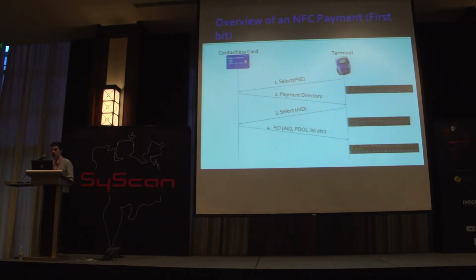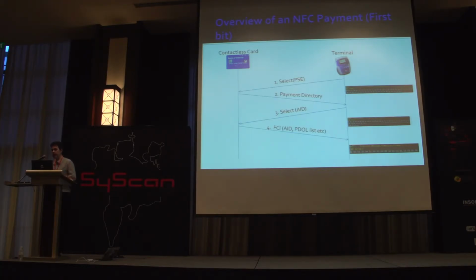Okay, so a quick overview of an NFC payment. Here I'm skipping over the initialization steps for a card. So at this point, the reader knows what kind of card it's talking to and has set up all the transaction timing stuff. All cards in the NFC payment world do this typical first step of transactions.